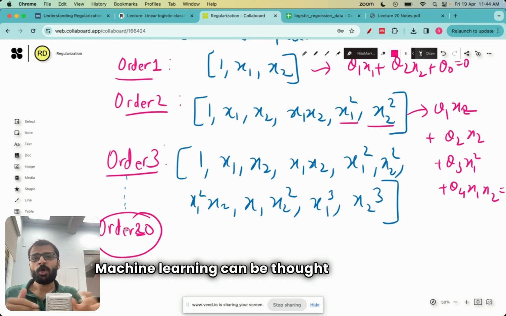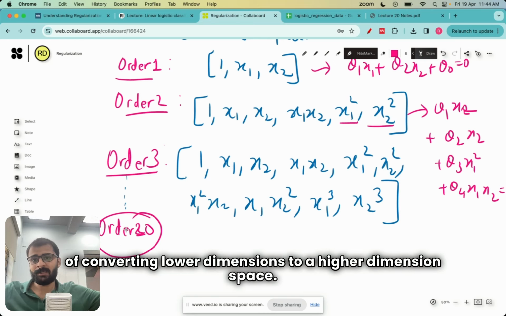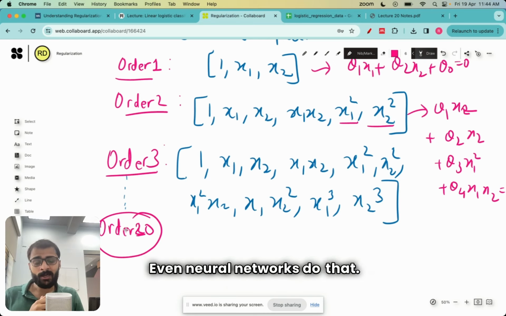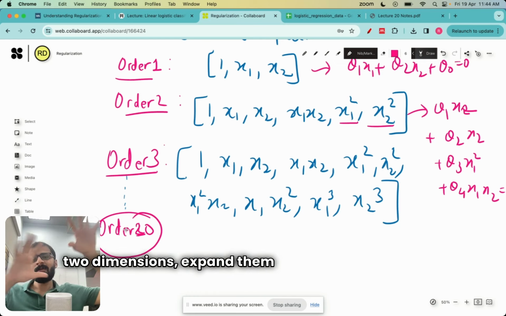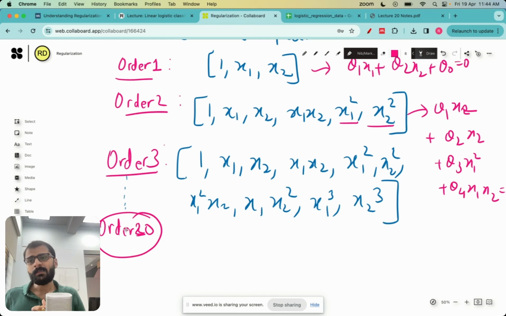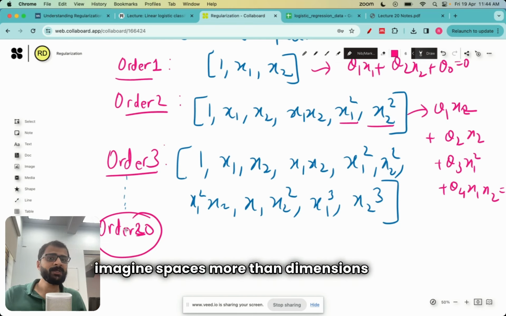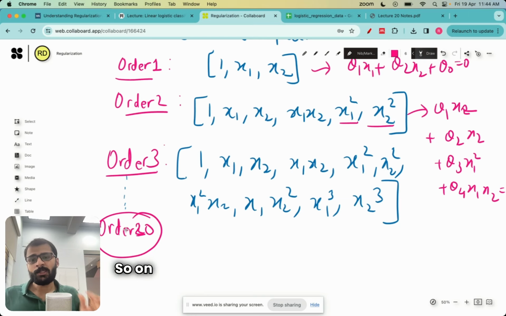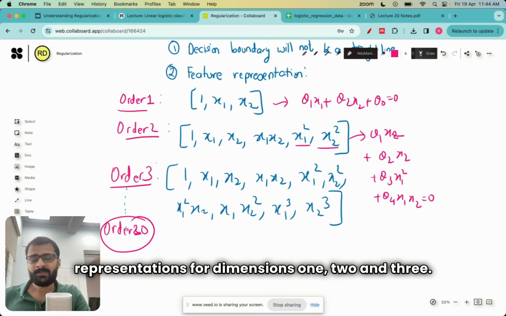Machine learning can be thought of as an act of converting lower dimensions to a higher dimension space. Even neural networks do that. Neural networks take an input, let's say of 2 dimensions, expand it into higher dimensions, and then bring it down to 2 dimensions. It's just that as humans, we cannot imagine spaces of more than 3 dimensions. So on the whiteboard, we can only have representations for dimensions 1, 2, and 3.